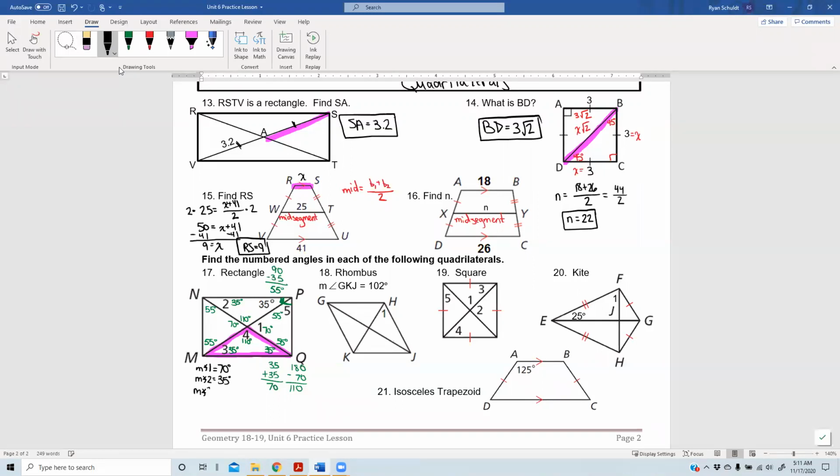Measure of angle 3 is also 35 degrees. The measure of angle 4, and that's 110 degrees. And the measure of angle 5, well, that one is 55 degrees. There's our full complete answer.